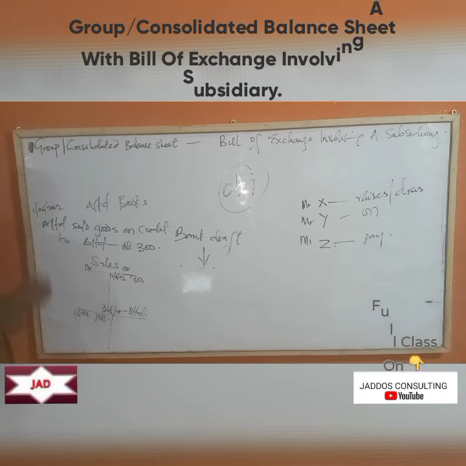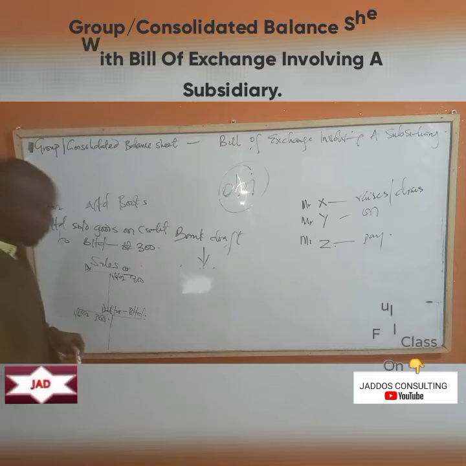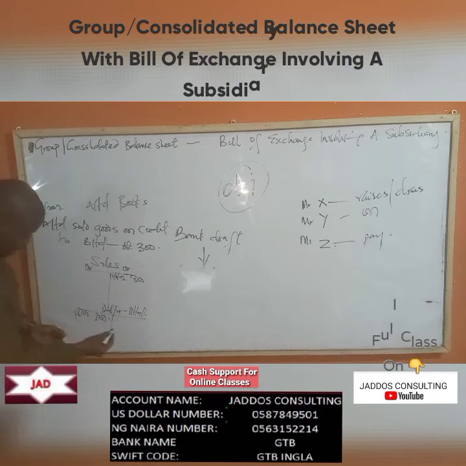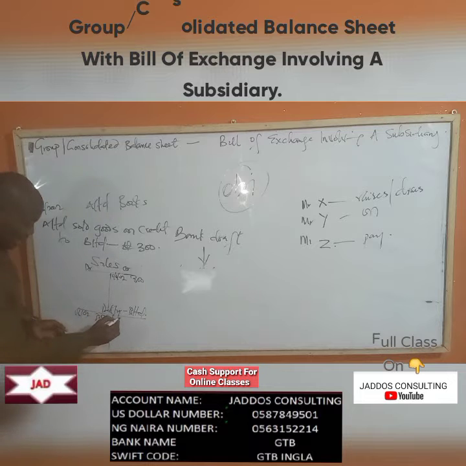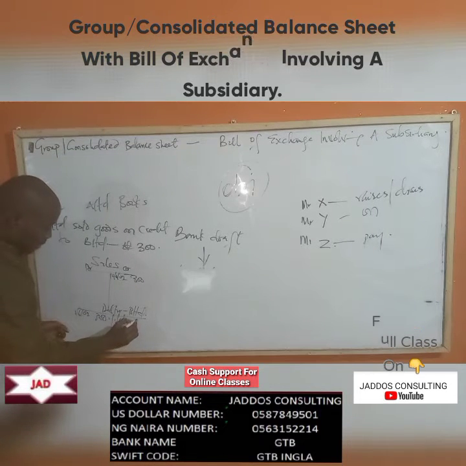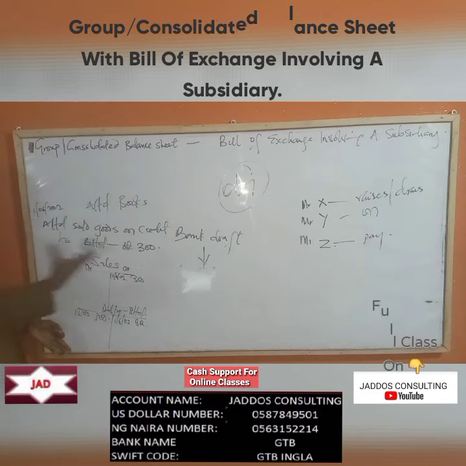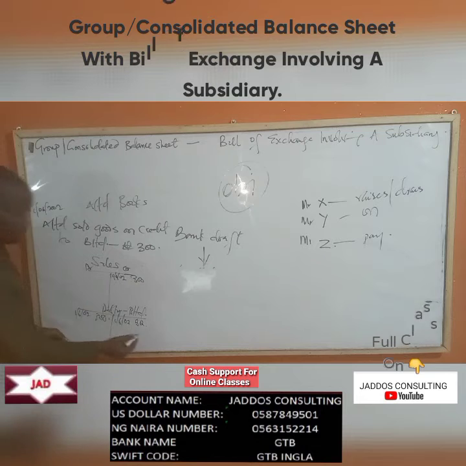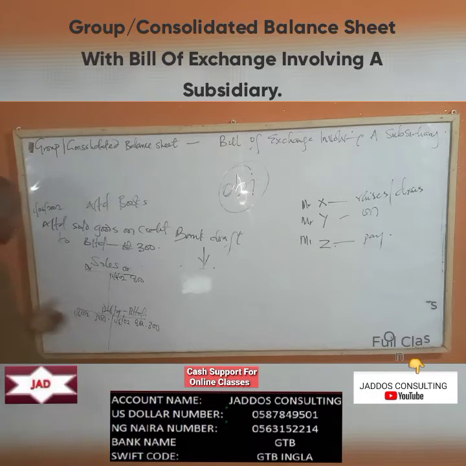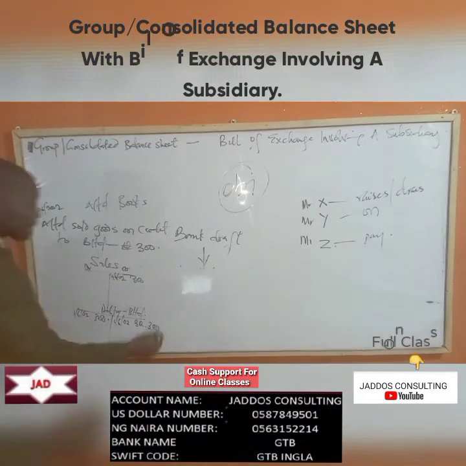So where A Limited accepts it, then it means it can fly. So that means you're going to have this debt off. So we'll say B receivable, because from the perspective of A Limited, he has accepted the bill, it becomes bill receivable 300. So the debtor balance is now transferred to where?